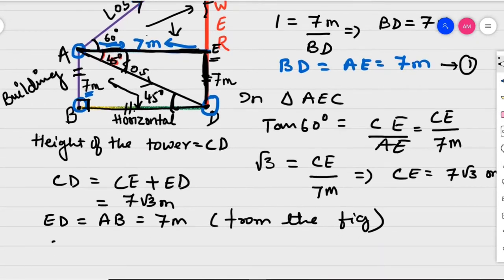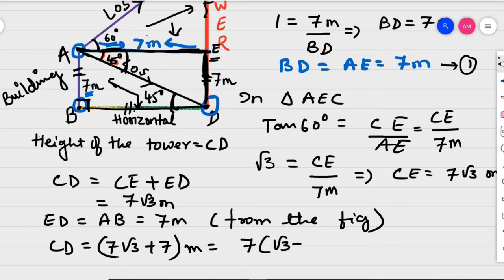Now from here you will get CD is equal to 7 root 3 plus 7 meters. So that will give you 7 into root 3 plus 1 meters. If you want, you can calculate the final value using the value of root 3, that is 1.732, and then adding it with 1 and multiplying it with 7. Otherwise, if you do this much also, your answer is correct.